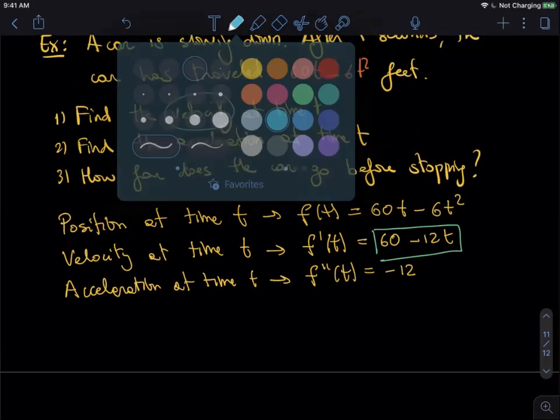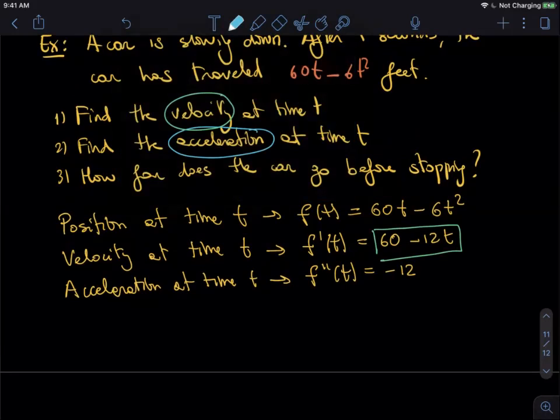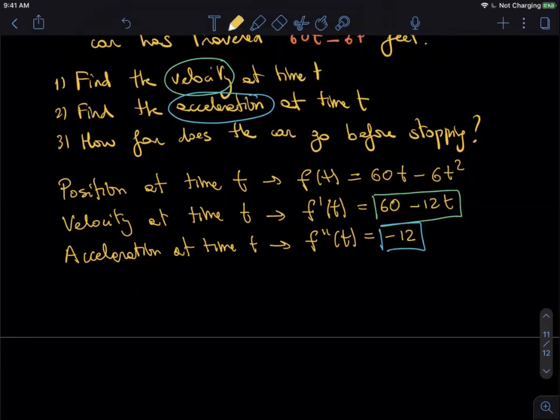And then the acceleration is given by the second formula, the second derivative, it's negative 12. Okay. But then there is a third question. How far does the car go before stopping? So this would be 1, this would be 2, then 3. How far before stopping.